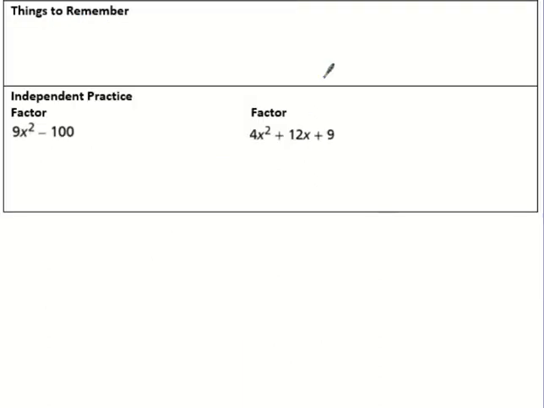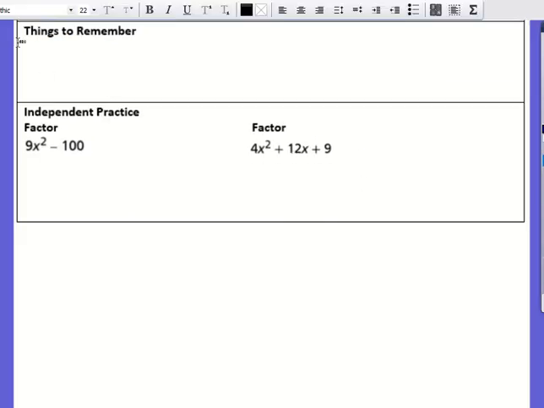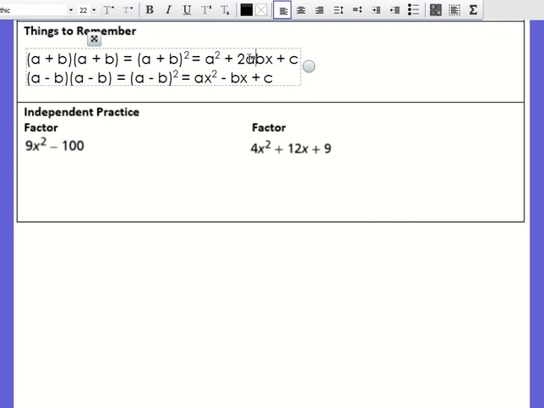All right, so just the main things to remember are our special forms. So there's that one. Yes, I just copy pasted. And then we have this one. If you don't want to copy this down, you don't have to, technically, but all I'm doing is copying it from earlier.